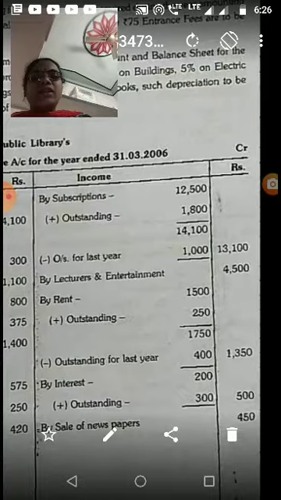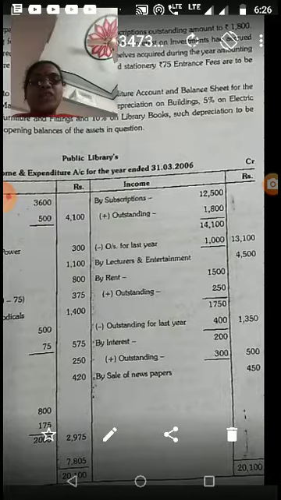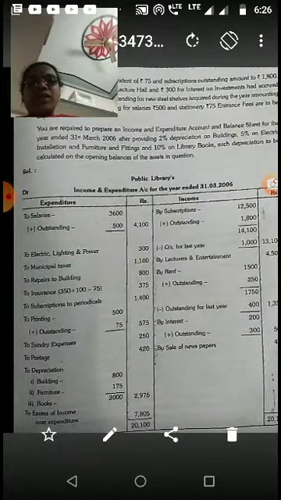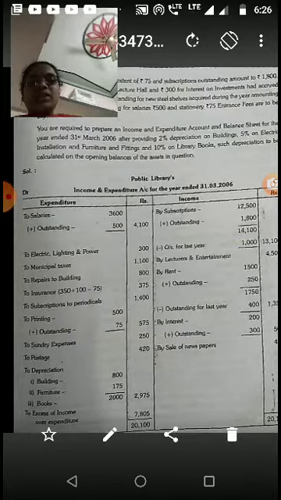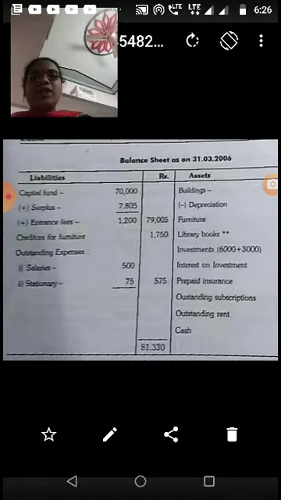By rent is 1,500, add outstanding 250, so the total is 1,750, minus outstanding for last year, that is 400, 1,350. By interest is 200 plus outstanding 300, that is 500. By sale of newspapers 450. Credit balances are more than debit balances, that is excess of income over expenditure, that is 7,805.